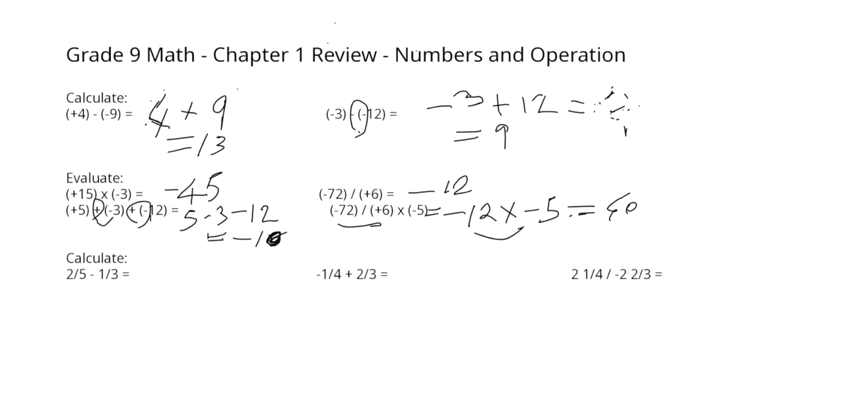So this is how you do it in a short way. You put the 15 at the bottom, and you divide out the denominator. So you say 5 divided into 15, and that's 3. Then you multiply the answer you get with the numerator.